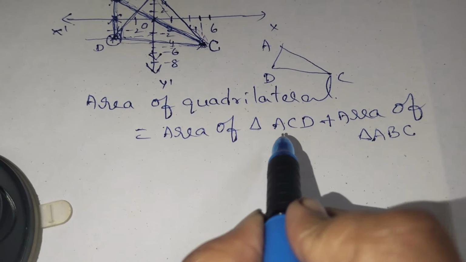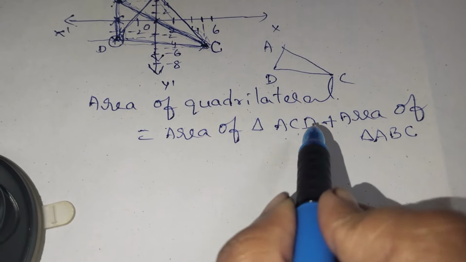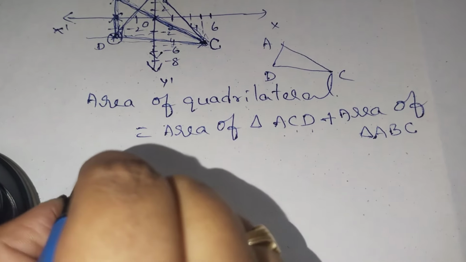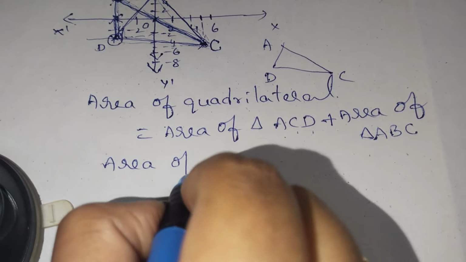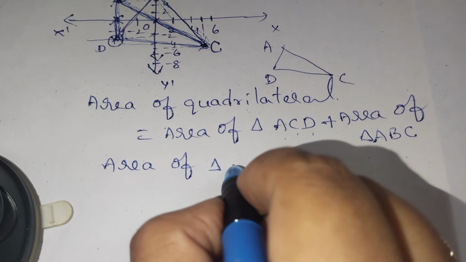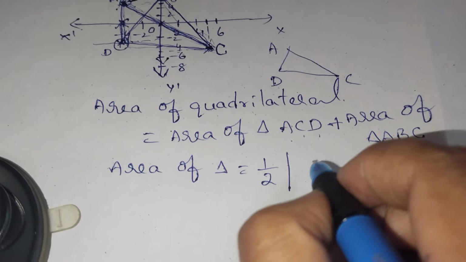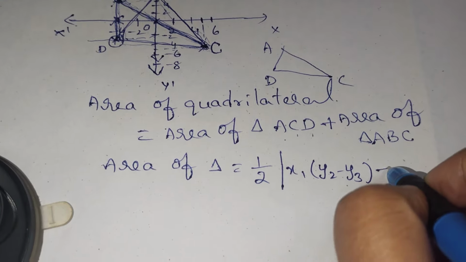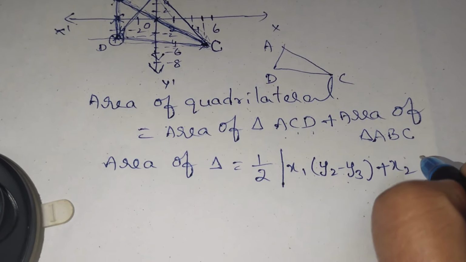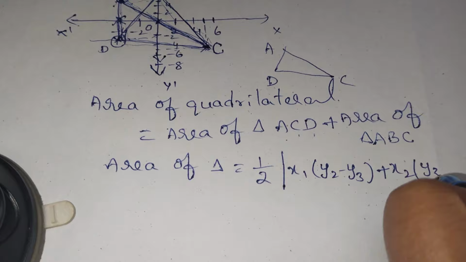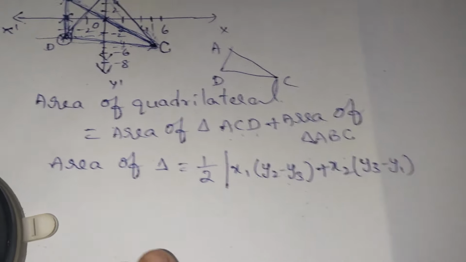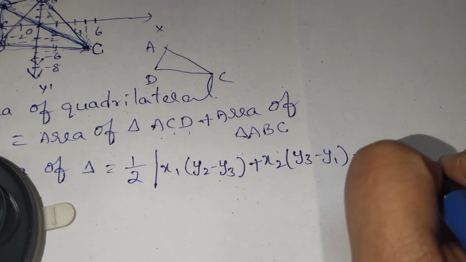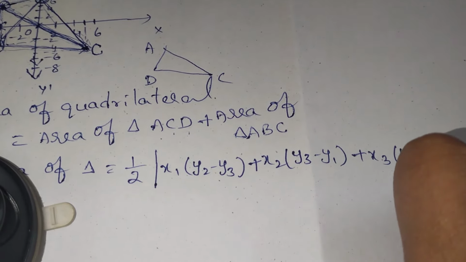So here three vertices, A point, C point, D point. When we know 3 points, the area of triangle is half mod x1 into y2 minus y3 plus x2 into y3 minus y1 plus x3 into y1 minus y2.